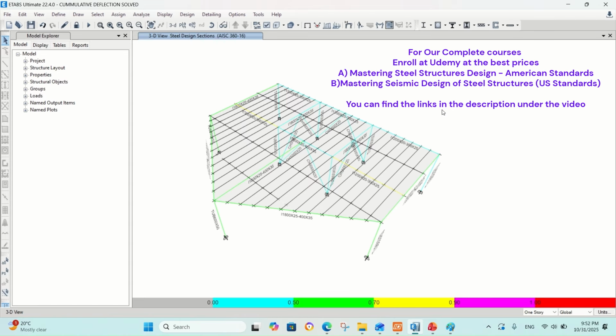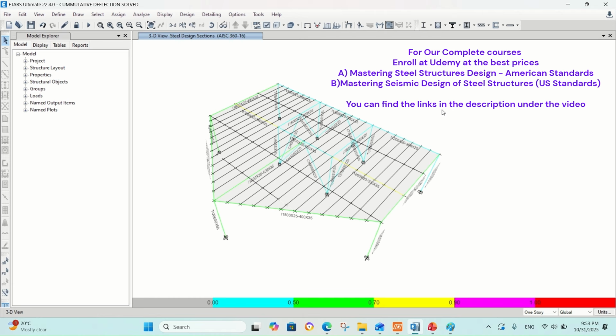So this is the issue when we have a lot of transfer beams and the load path is not direct from joists to girders to column. Always we need to check the accumulative deflection and ensure that the total deflection at my floor is within the acceptable limits.